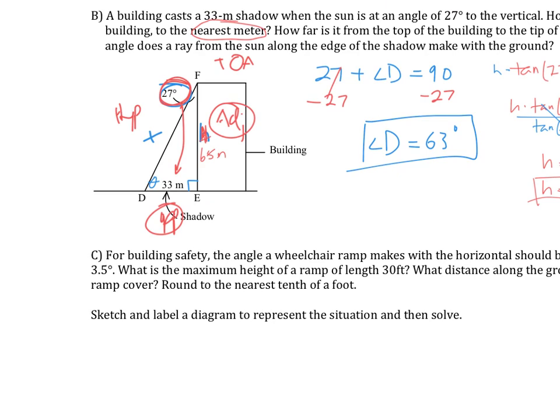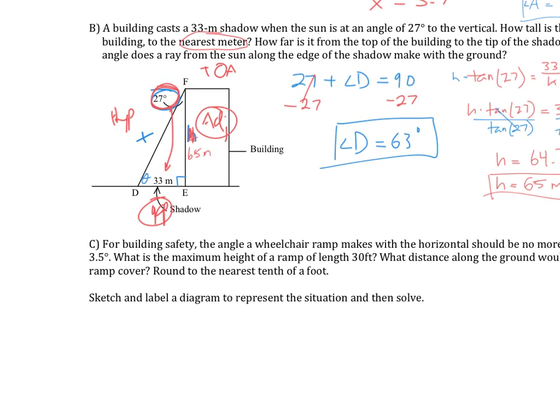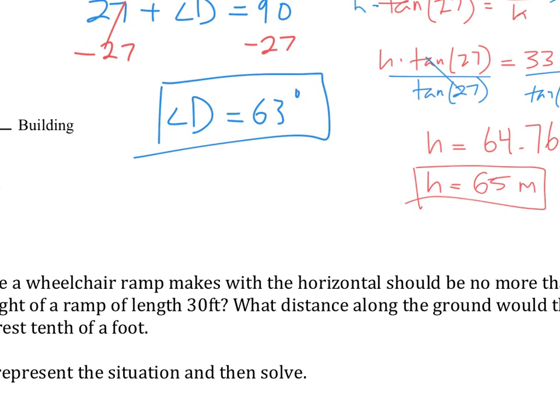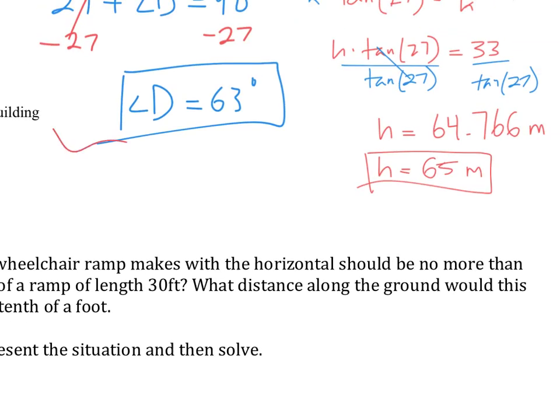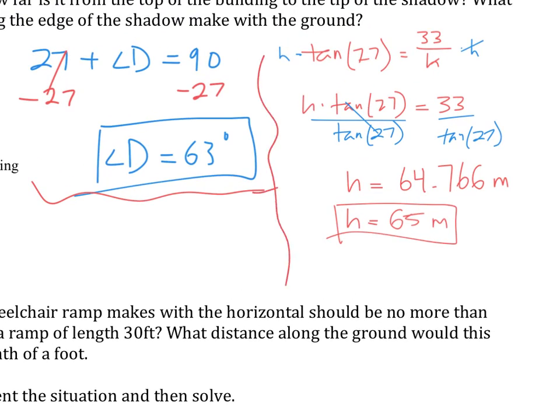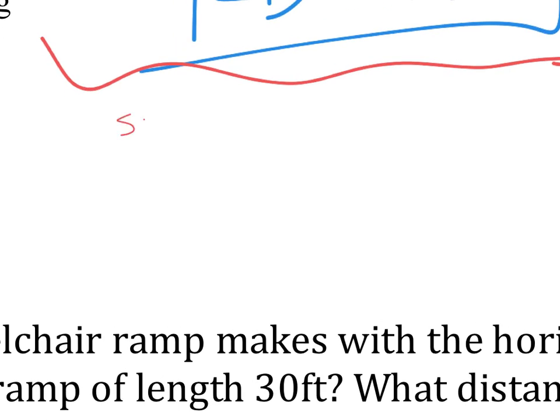And then to find X, we're going to do the same process, again using 27. Now we have our opposite and our hypotenuse, O and H, means we want to use sine. And I'm just going to break this up a little bit. So sine of 27 equals 33 over my hypotenuse, which is x. Almost the same exact process as before, except now we're using sine.